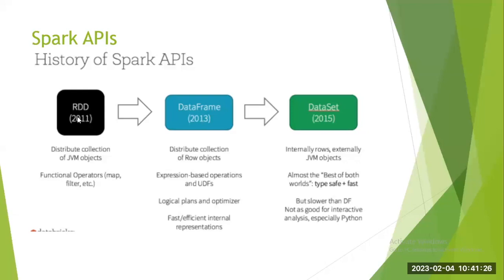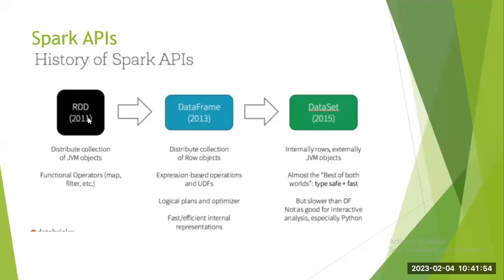Very first, when Spark was launched, initially there was RDD only. RDD is nothing but a resilient distributed data set. Okay, that's the full form of RDD. You can get more details about RDD on Google as well. RDD is how you are dealing with your data, or how you are reading your data set.